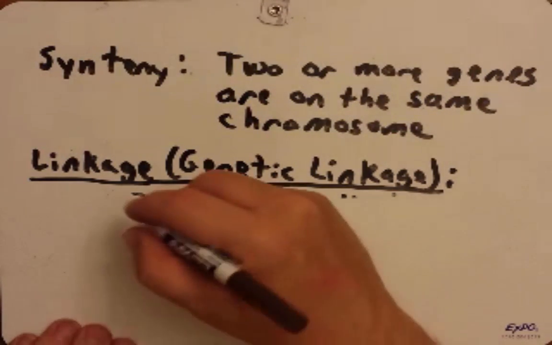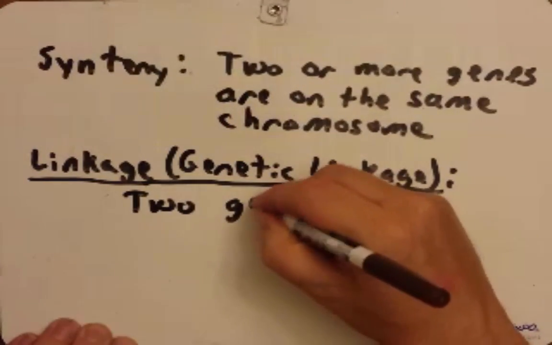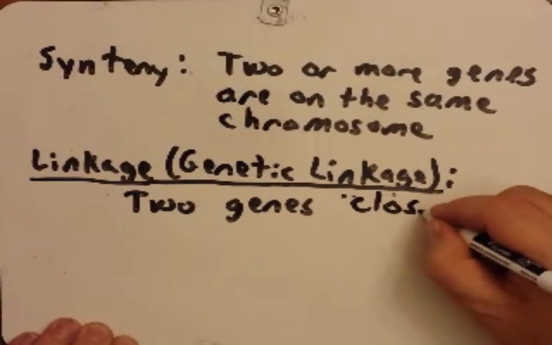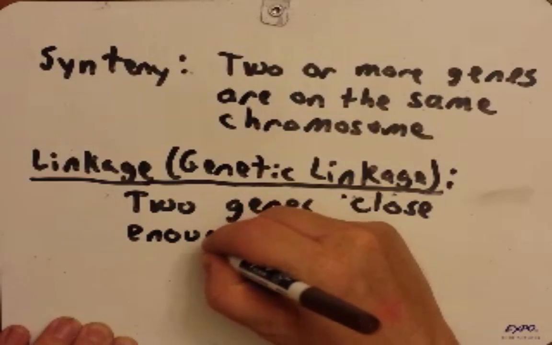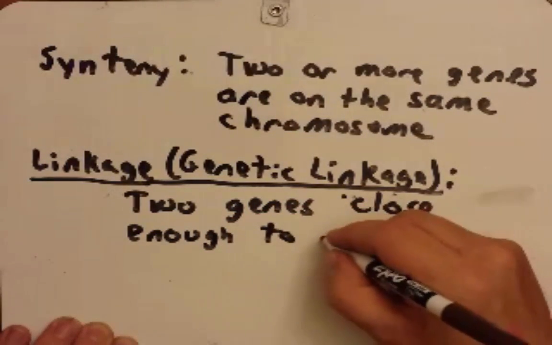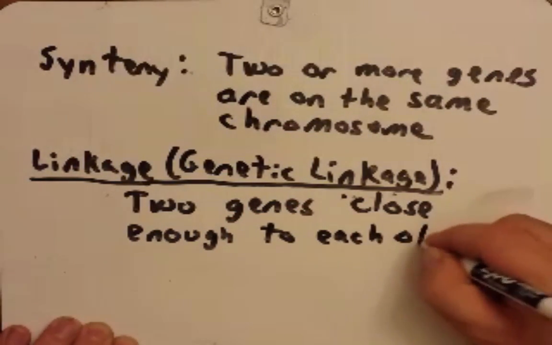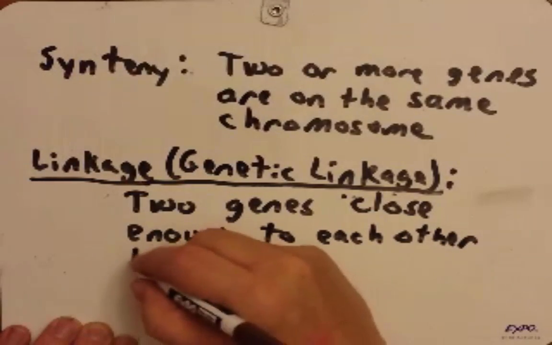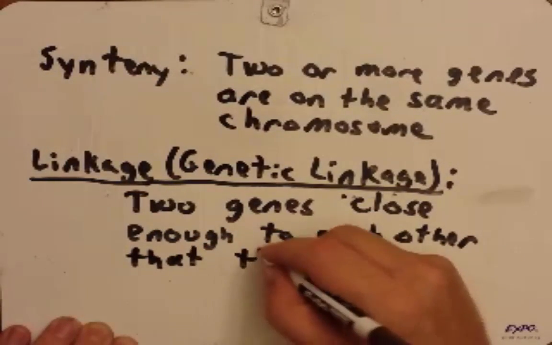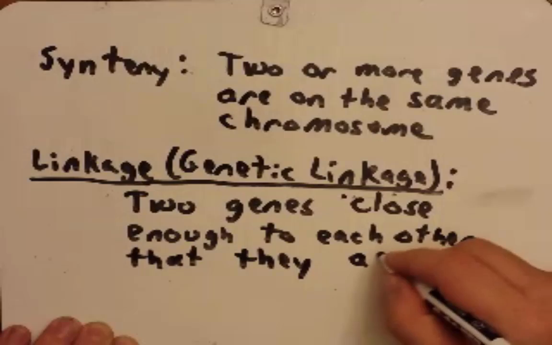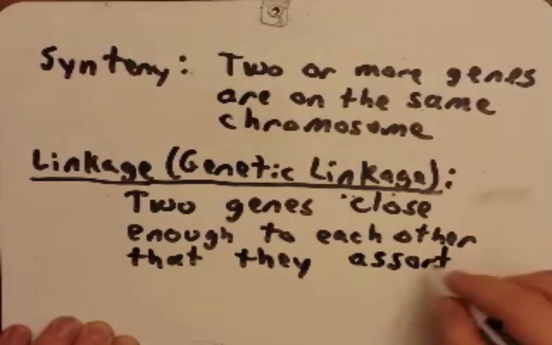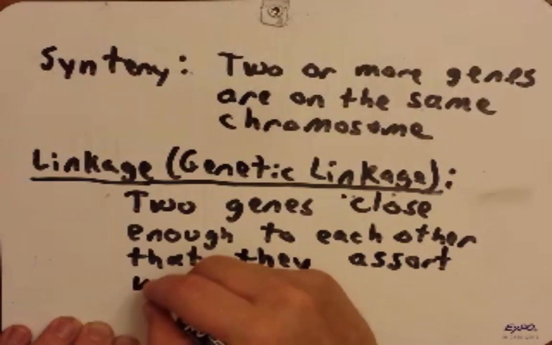Linkage means that we have two genes close enough to each other that they assort during meiosis. They assort with each other.